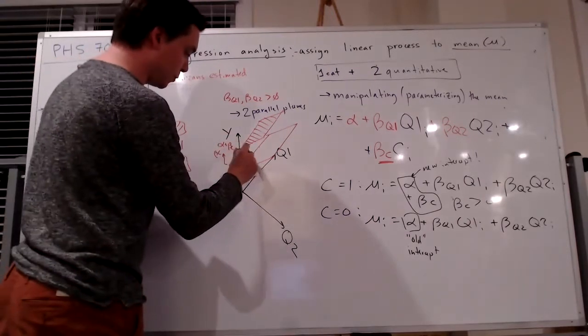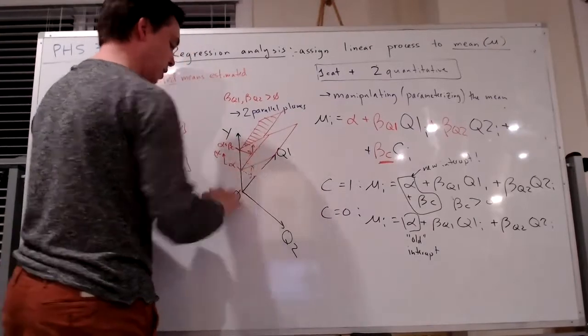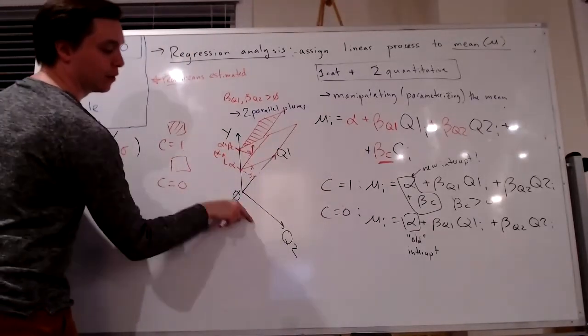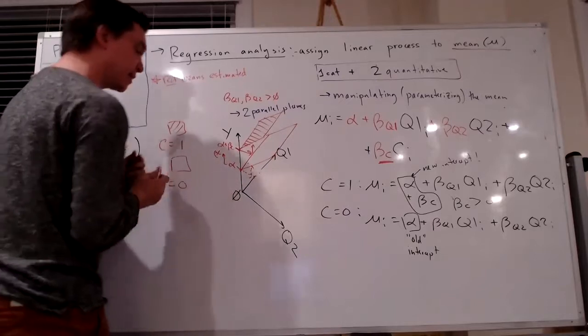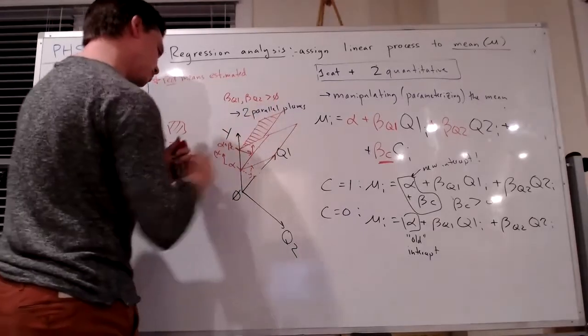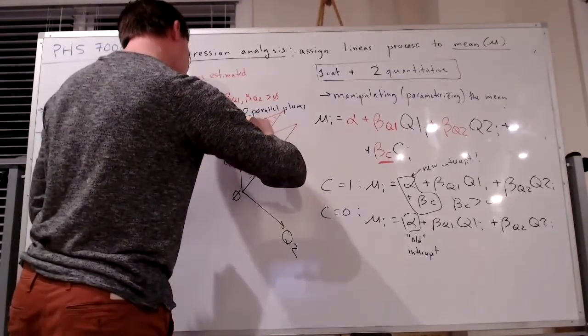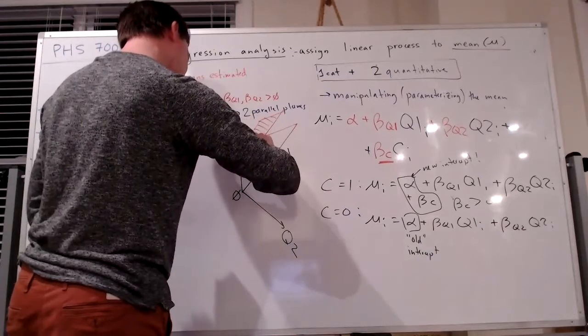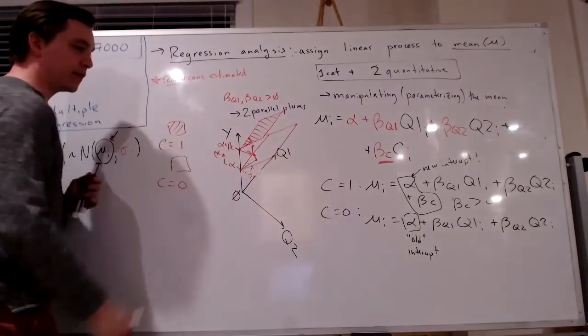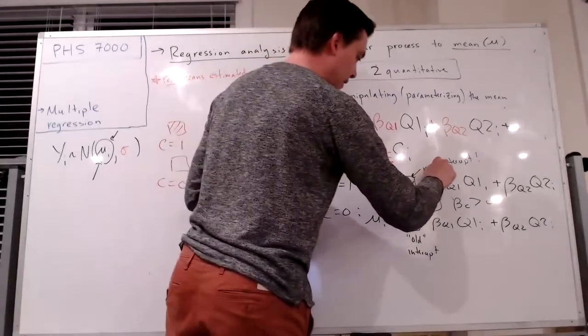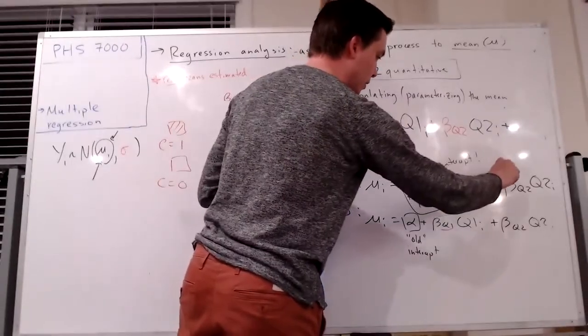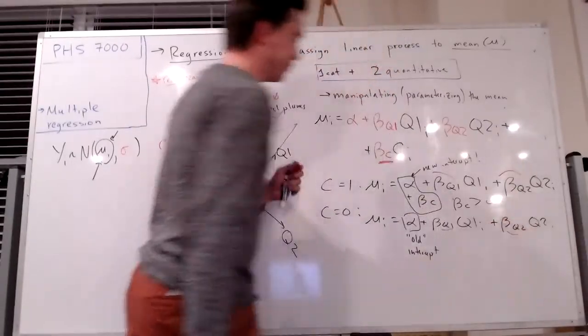But these two slopes with respect to the second quantitative variable are identical, and the two slopes with respect to the first quantitative variable are identical, right? Common slope, common slope, common slope, common slope.